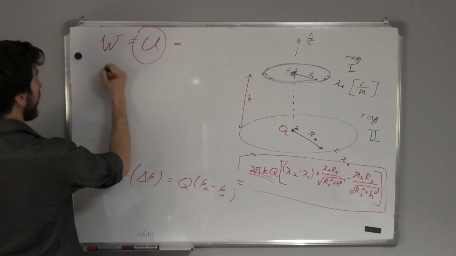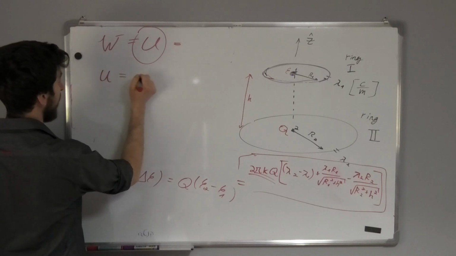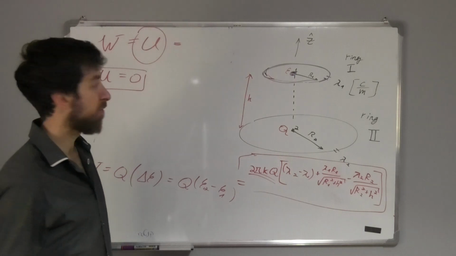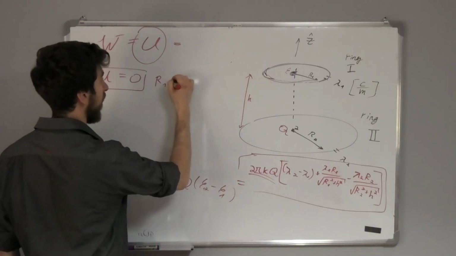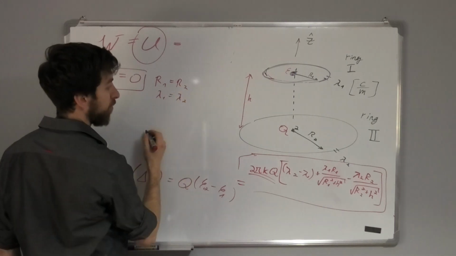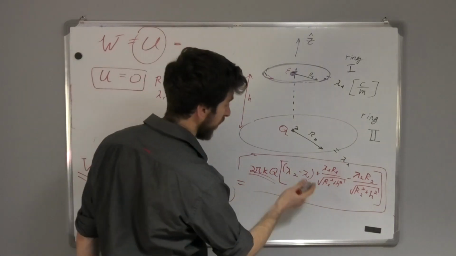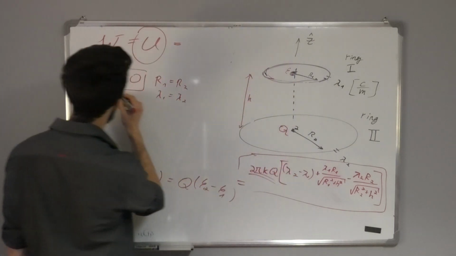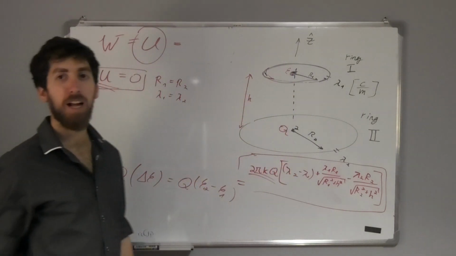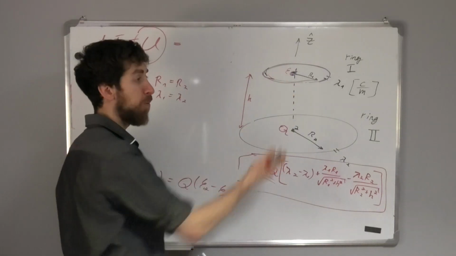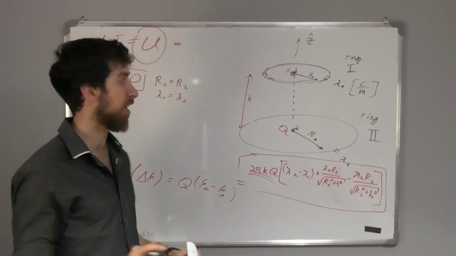And I want to talk about what happens if U is equal to 0. For example, if the two rings are the same, they have the same R, R1 equals R2, and lambda 1 equals lambda 2. Then we're going to see that this equals 0, which means it doesn't care if it moves from 2 to 1 or 1 to 2, it's not going to do it by itself.